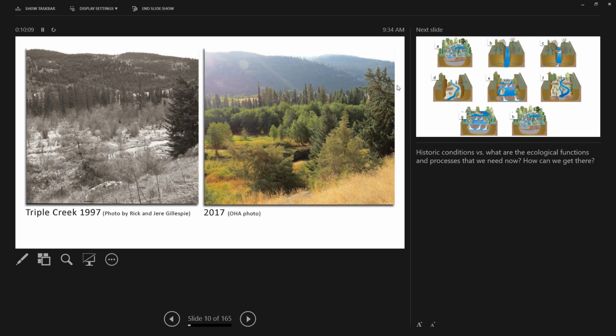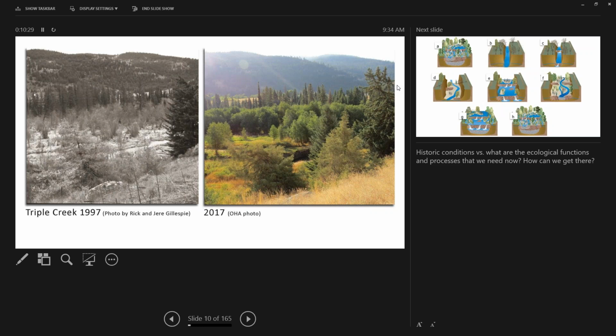So it's neat to have somebody here who's intimately familiar with the site prior to the construction and the restoration. This photo was taken by some local community members, and you can see how the water surface elevation is right up there with the floodplain. And then if you look in 2017, you see vertical cut banks.